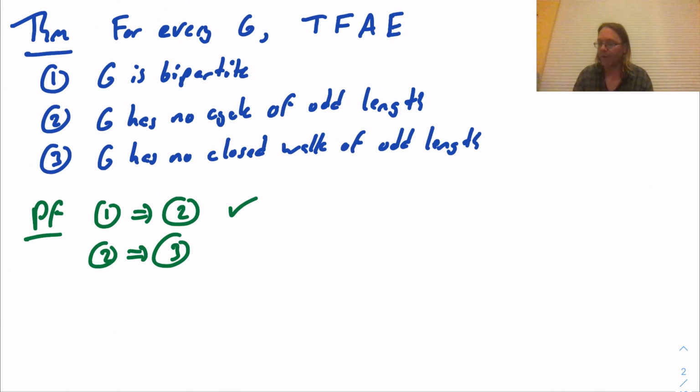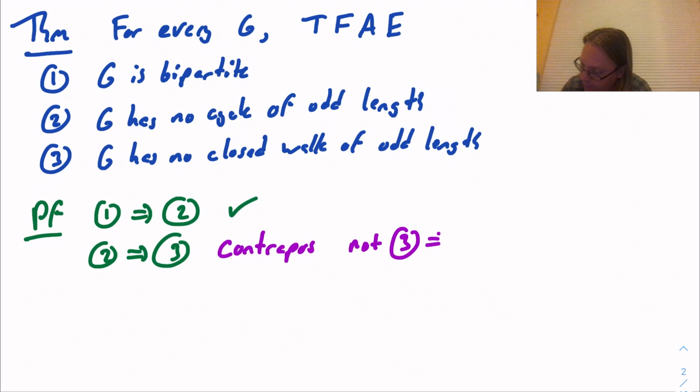So the contrapositive here, let me just say, so we're going to do the contrapositive, which is not 3 implies not 2. So we're proving, I'll just write it out in words, not 3 implies not 2.